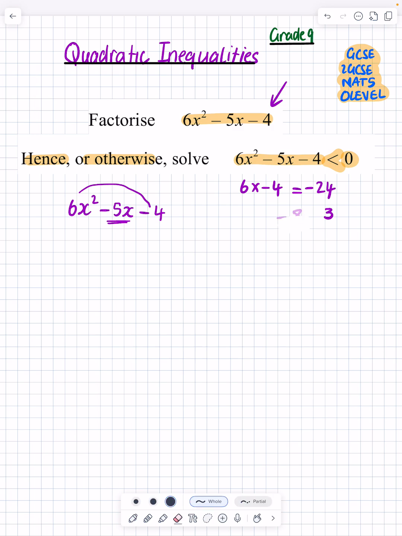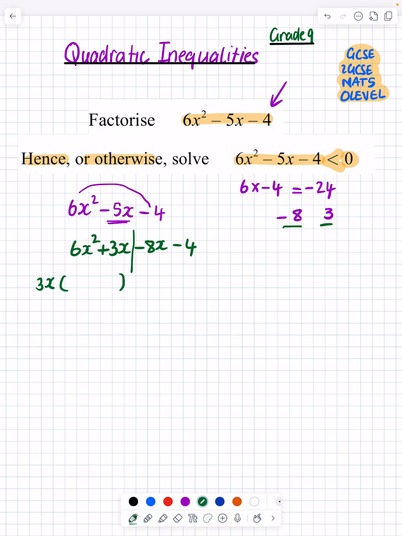So now I can replace the middle term with -8x and 3x. So we have 6x². It doesn't matter which way around you write it, it should still work. So I'm going to write +3x, take away 8x, and -4. Now I will factorize both sides. To factorize this, we can take out 3x as a common factor.